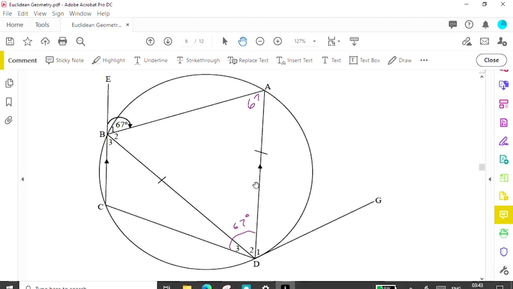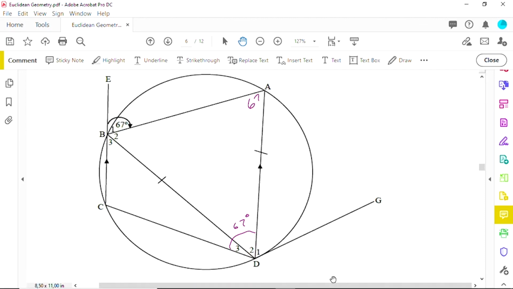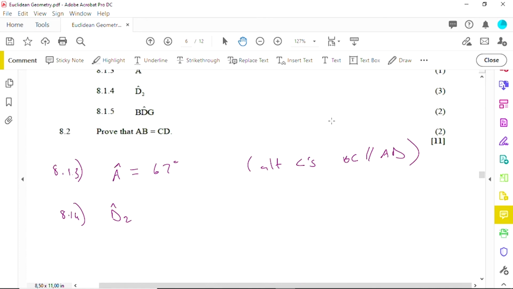We are given AD equals BD. So B2 should be equal to 67 as well. If B2 is equal to 67 and A2 is equal to 67, then D2 must be 180 minus 67 times 2. That is 180 minus 67 degrees minus 67 degrees.